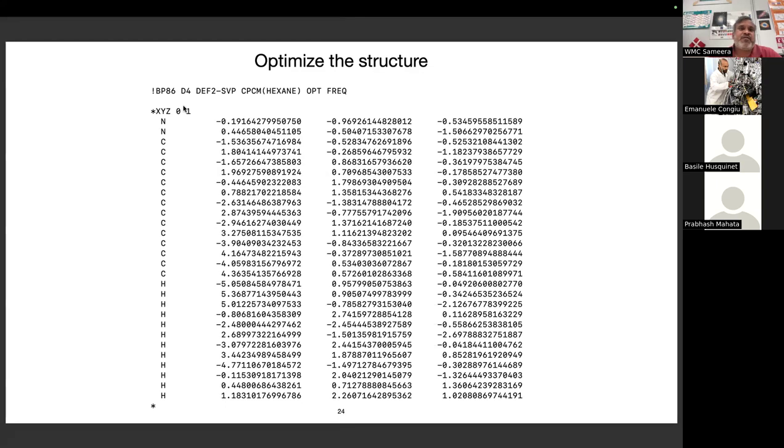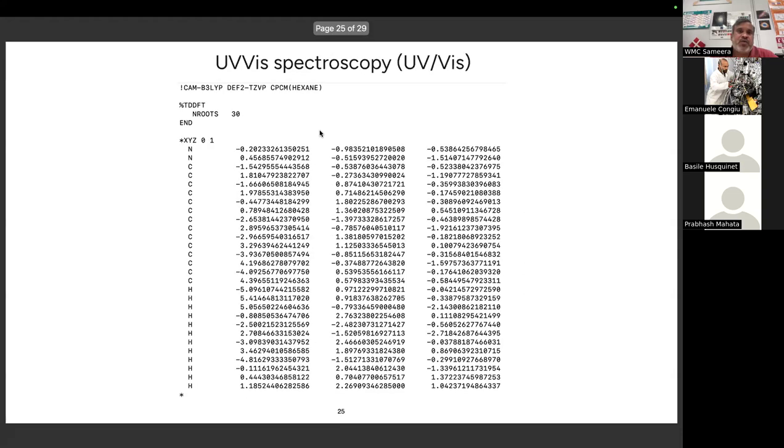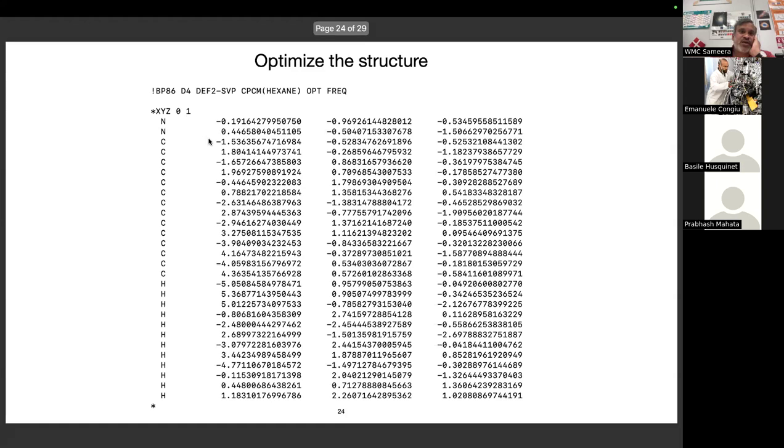After the optimization, you get the optimized structure, and you can use that structure for computing the UV-visible spectrum.